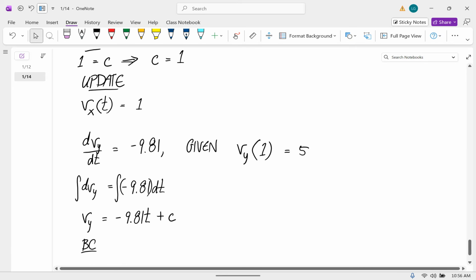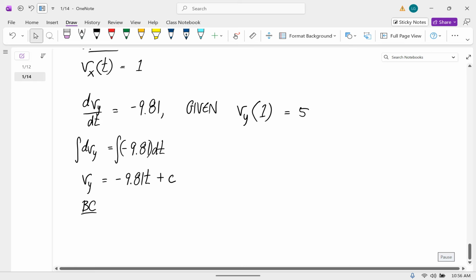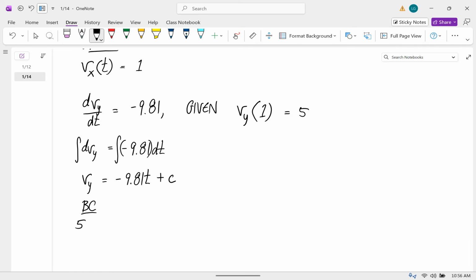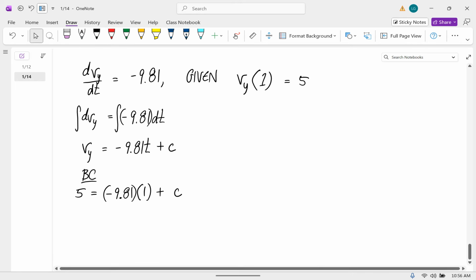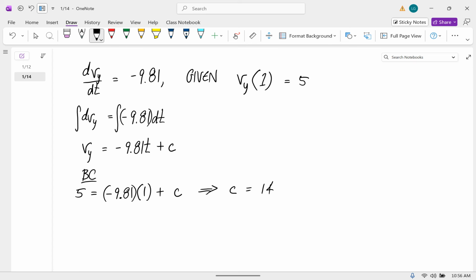The boundary condition says when t is equal to 1, vy is equal to 5. So plug those in and you get 5 is equal to -9.81 times 1 plus c. And so c is equal to 14.81.